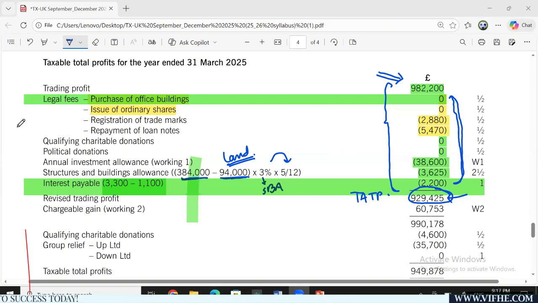Is this trading profit calculation making sense to you all? That means there is no query as far as the adjustment of trading profit is concerned. Is that so?